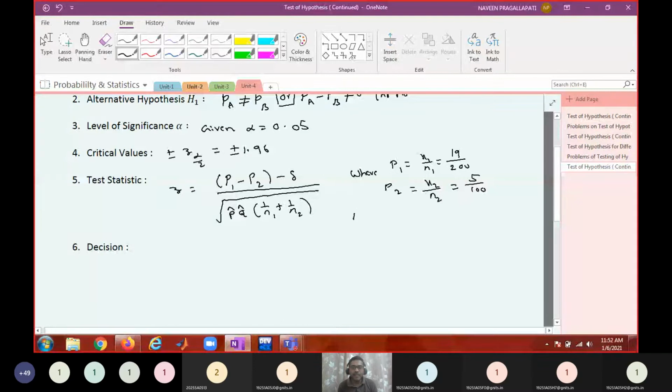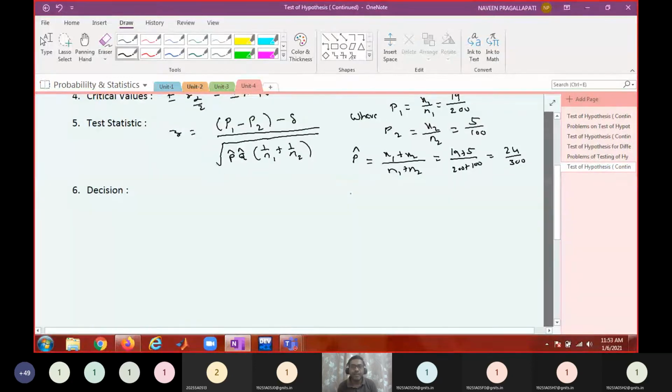Pooled proportion: X1 plus X2 by N1 plus N2. So this is 19 plus 5 by 200 plus 100, equal to 24 by 300. What is Q cap? 1 minus P cap.